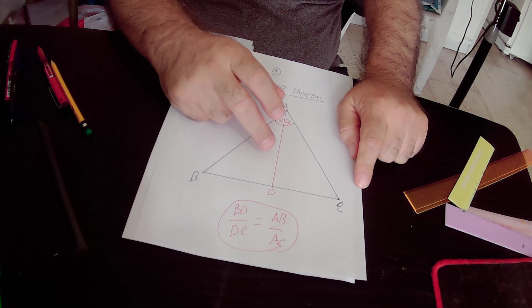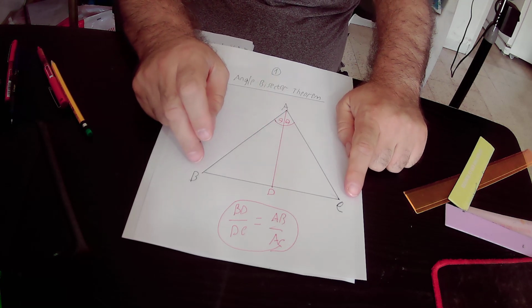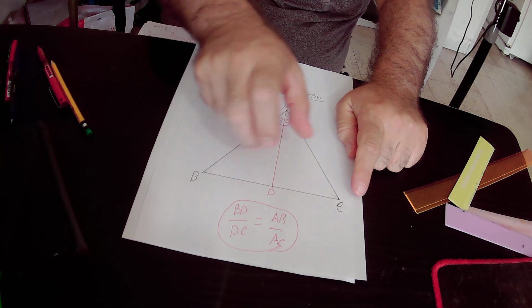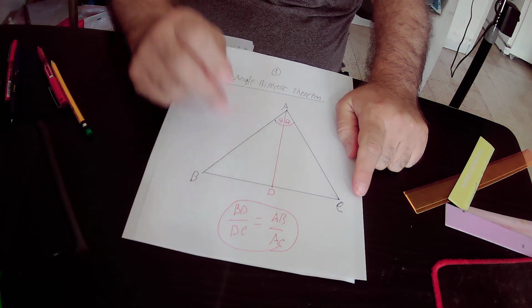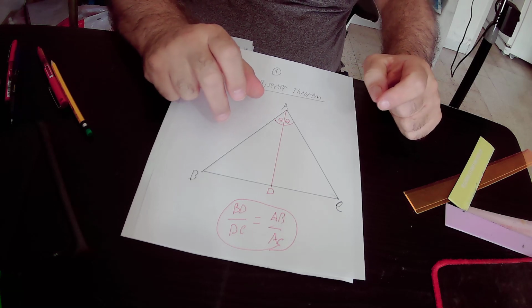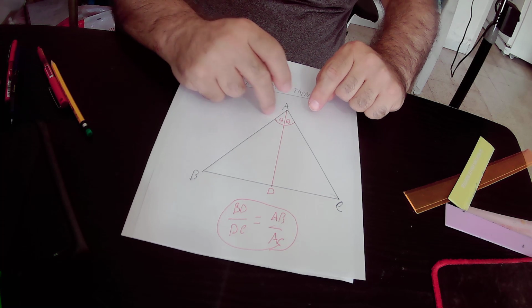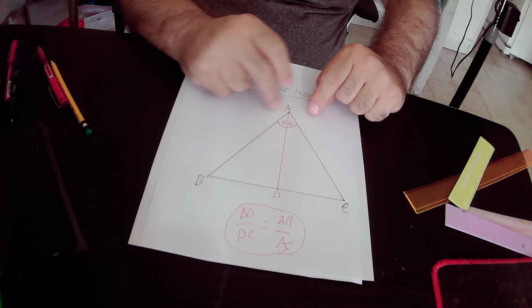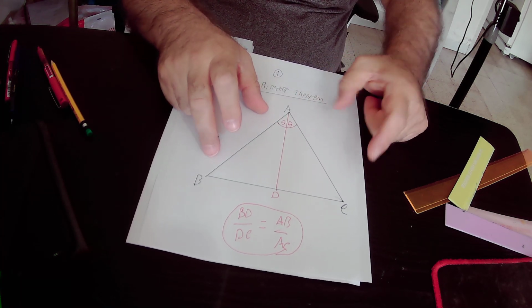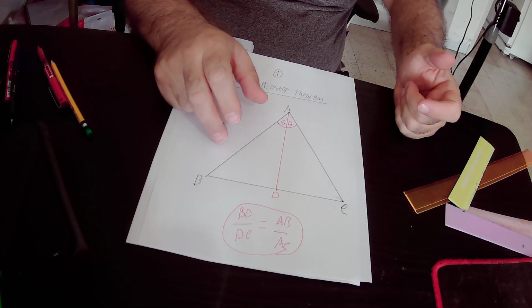Again, angle bisector AD divides side BC of triangle ABC in a ratio of BD over DC, and that ratio equals the ratio between the angle legs. And the legs of angle BAC are AB and AC. So the ratio between the angle legs is AB over AC.